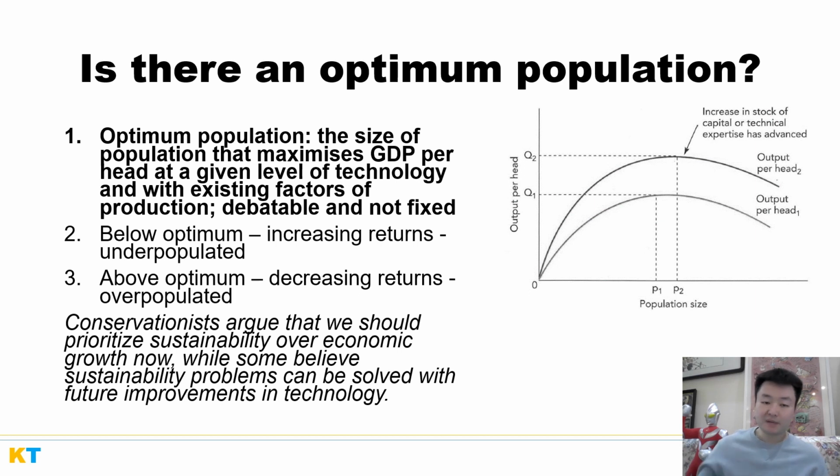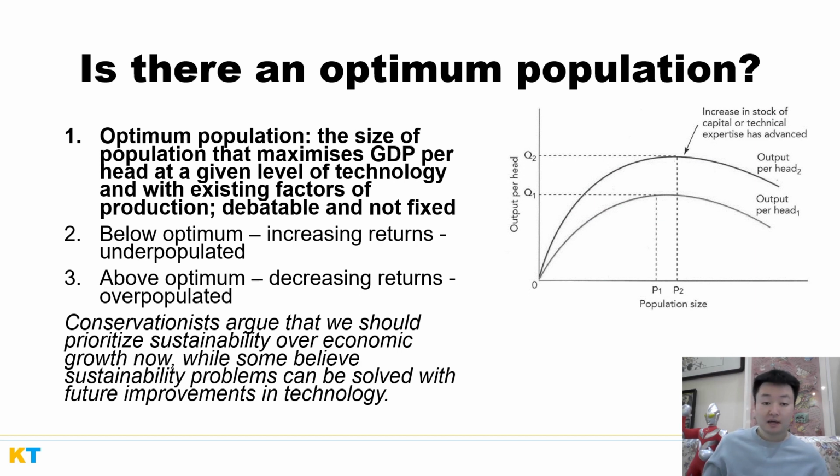If we're above the optimum population, there are decreasing returns. That means the next person that is born will marginally add less income and output than the last person. In this situation, the population is overpopulated.